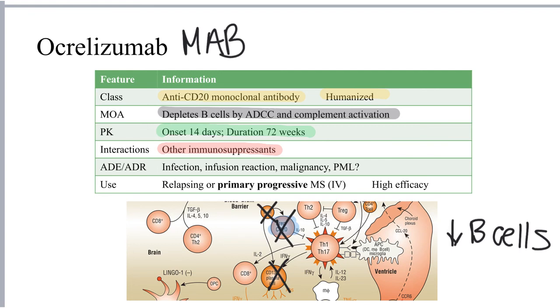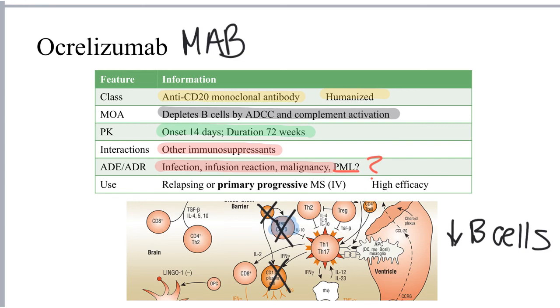Its primary adverse effects include opportunistic infection, infusion reactions, secondary malignancies, and possibly the development of progressive multifocal leukoencephalopathy. Although no cases of PML have been reported with ocrelizumab, in theory, it could lead to the development of this condition.